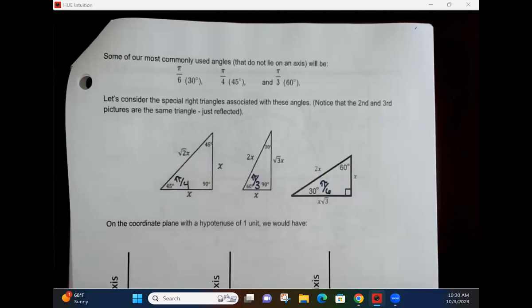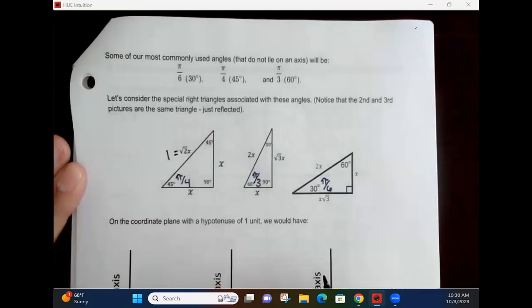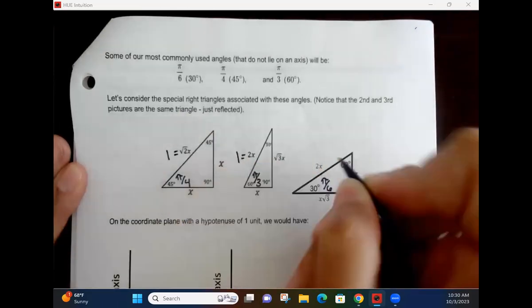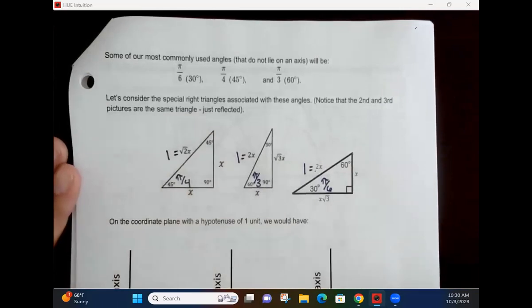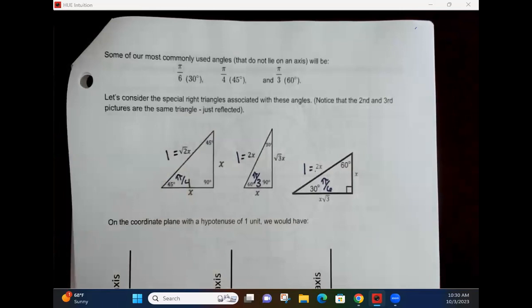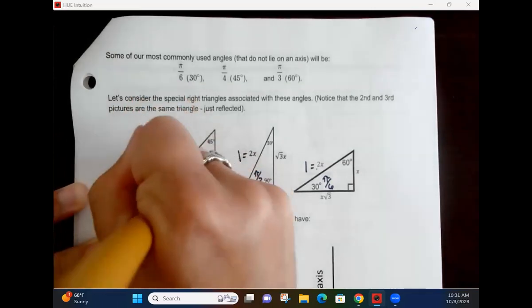Now, we know our hypotenuse on the unit circle is 1. So I know that this guy is 1 and this guy is 1. And this is the same guy, but he's also 1. So if I talk about these angles in standard position, this would be my x-axis. This would be my y-axis.